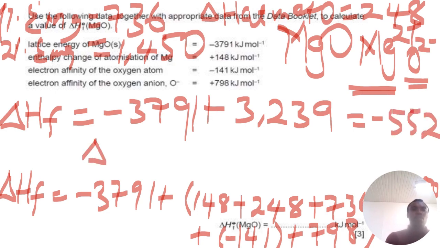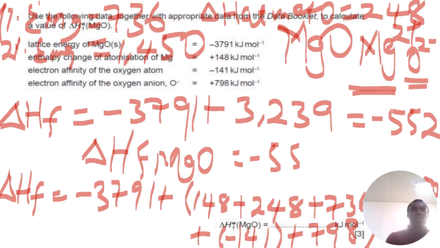So enthalpy change of formation of magnesium oxide will be equal to minus 552 kilojoule per mole.